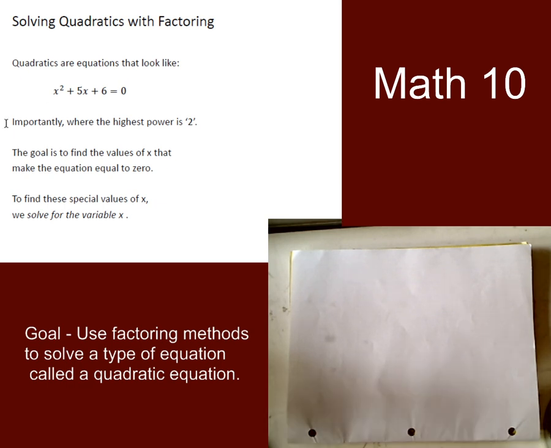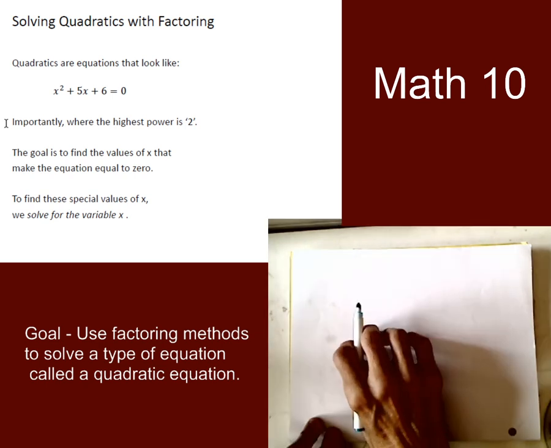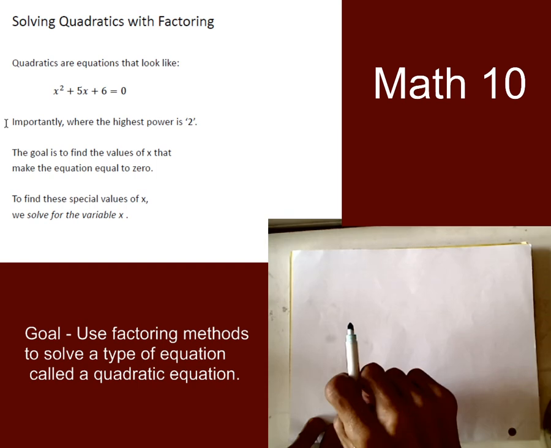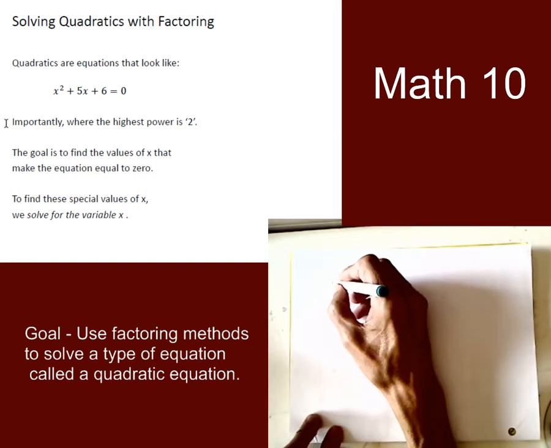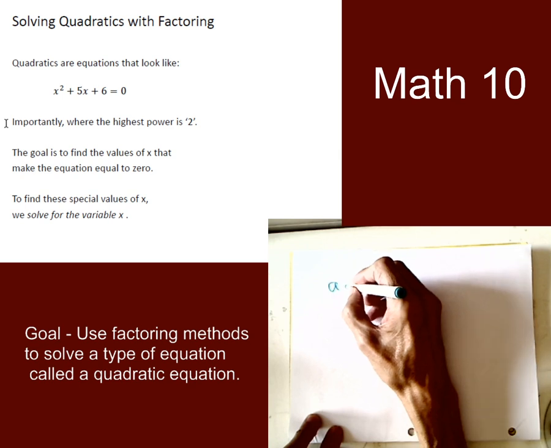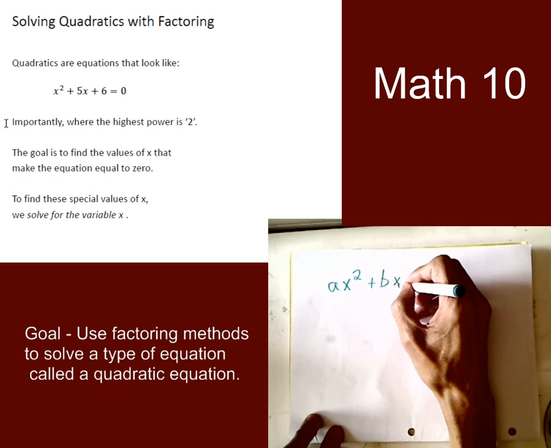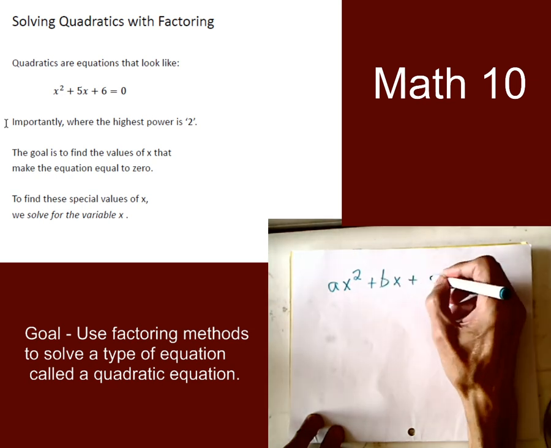Now, what you're going to see when you look at other questions and other sources is that you might see the quadratic equation written like this, where you have ax squared plus bx plus c is equal to 0.